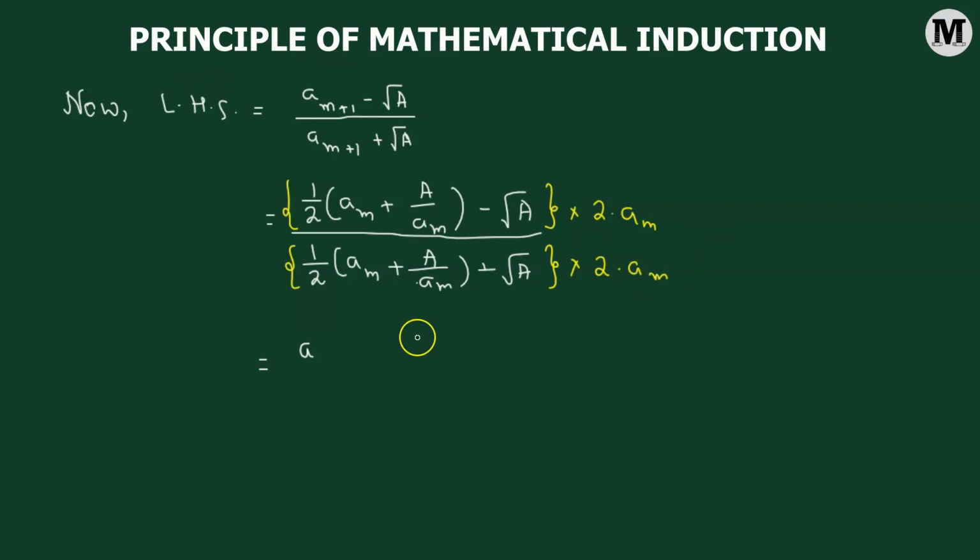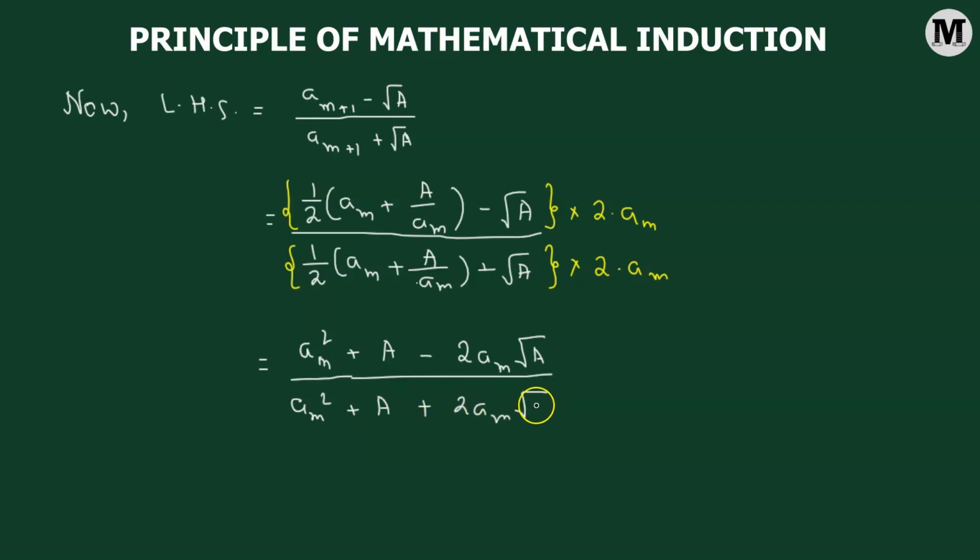So that is now going to give us a m squared added to a, minus 2 times a m times square root of a. Then in the denominator, we have a m squared added to a added to 2 times a m times square root of a.